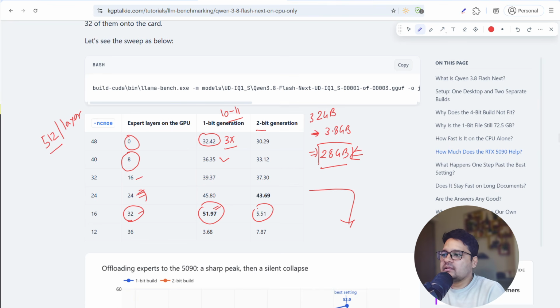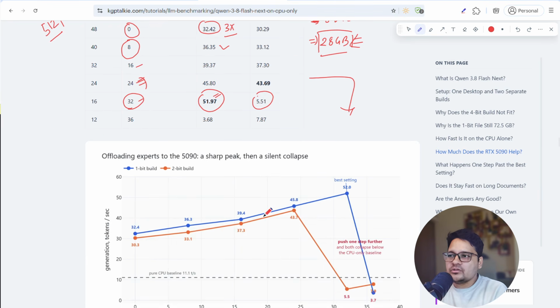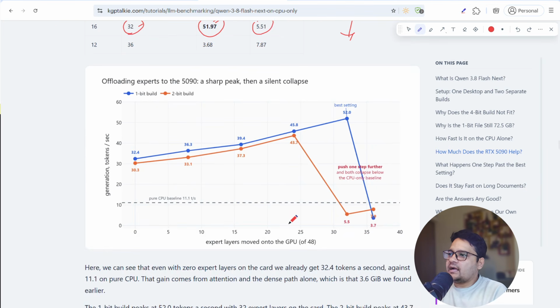So again, that is going to make it slow. That is not a good thing, and this happens in Windows only. Windows does not throw a memory overload error or something like that. Basically, it silently shifts GPU memory into the shared memory space. Because of that, you see this sudden drop.